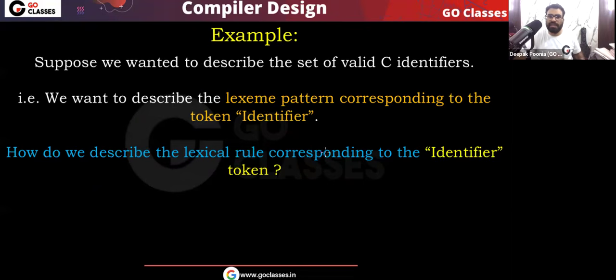How can we describe an identifier in the C language? We want to describe an identifier when we are giving a name to a variable or to a function. So how to describe it?